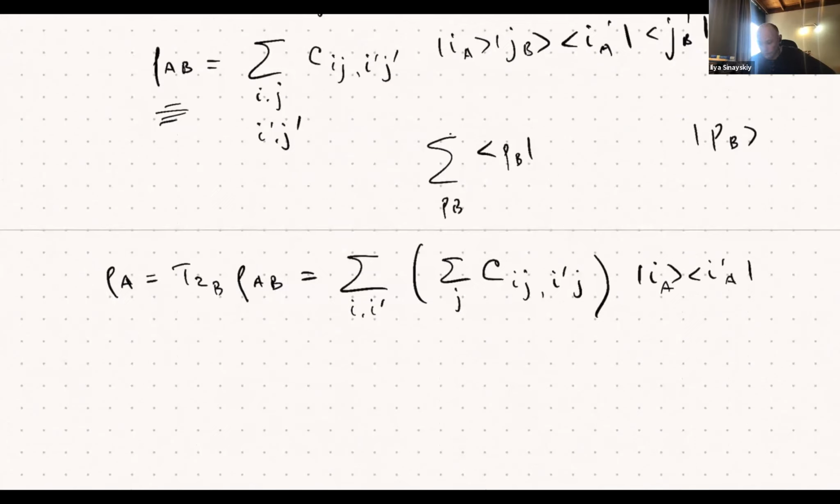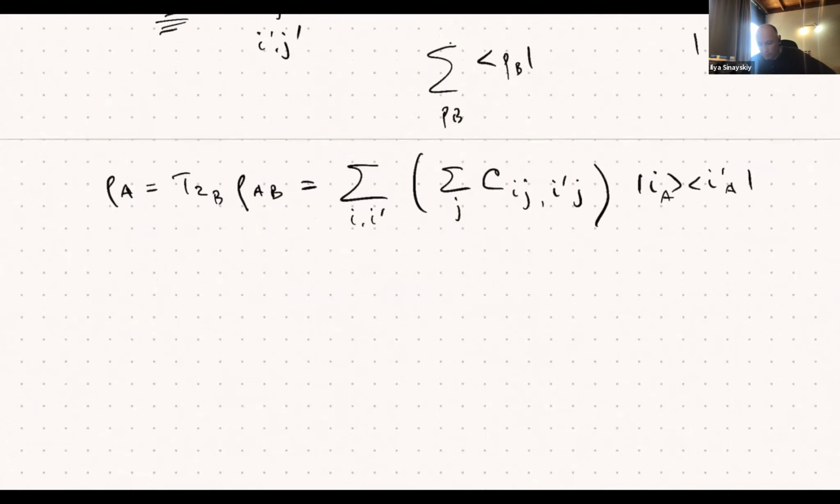So what do we get as a result? We get what will happen to this big system we described as system A and system B, for example, two spins. So what will happen if I want to describe only one spin and I don't care what's happening to the second spin?